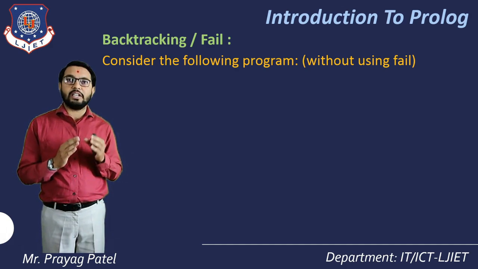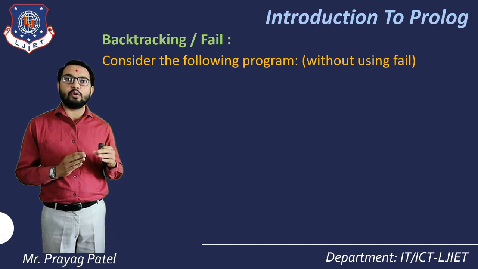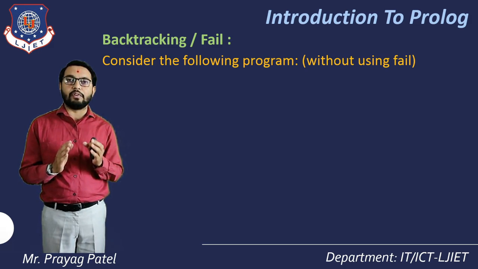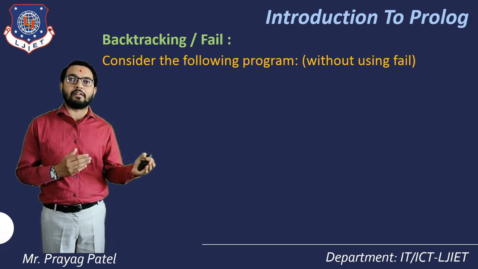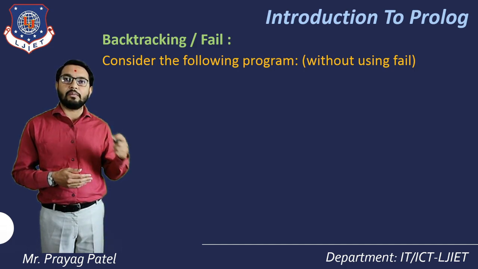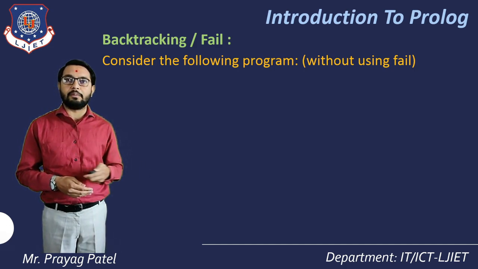Now first consider the following program without using the fail predicate. First we understand one program without the fail predicate, and after that the same program will be understood using the fail predicate.